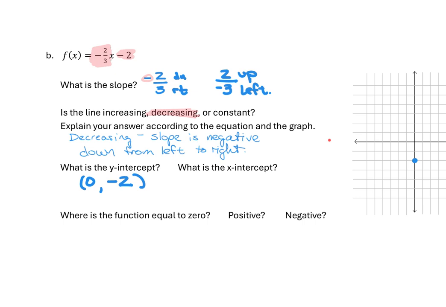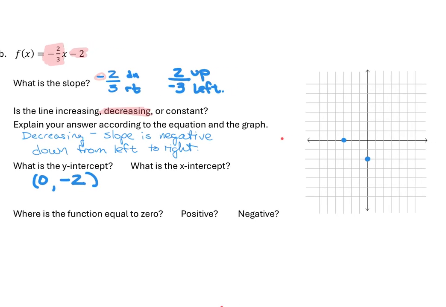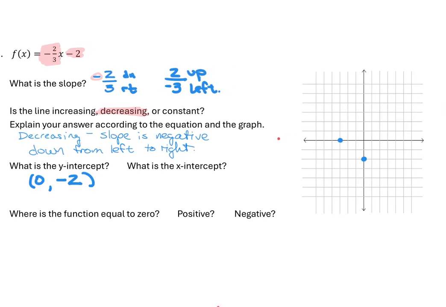So if we look at it this way, if we go up 2 and left 3, we're going to end up over here. If you had decided to go the other direction, that is fine in terms of finding the line. If we go down 2 and right 3, we're over here. The only reason I wanted to go the other direction was because when I saw which direction I was going, it showed me that I was getting further away from my x-axis.